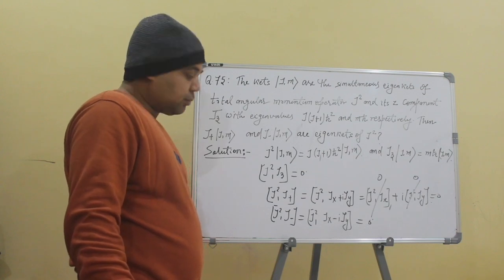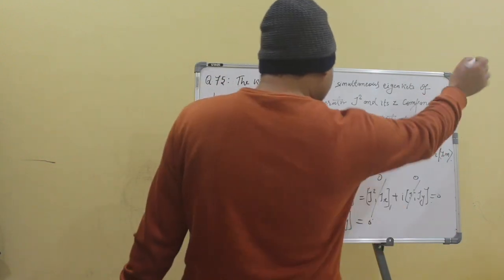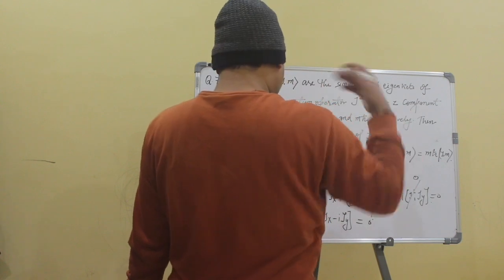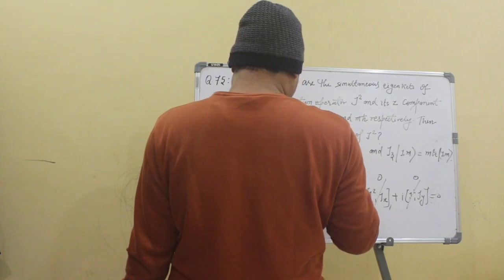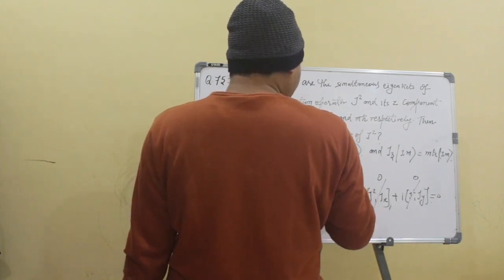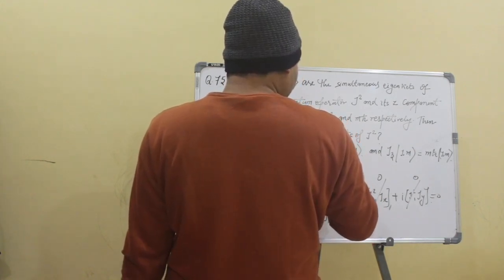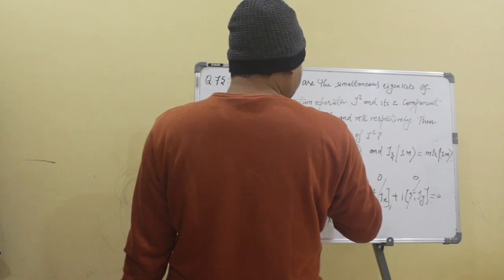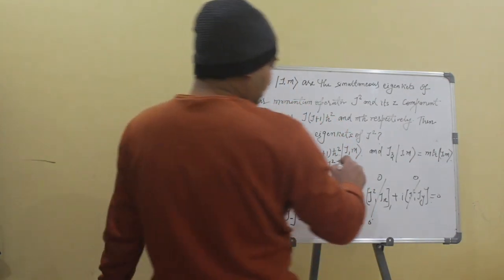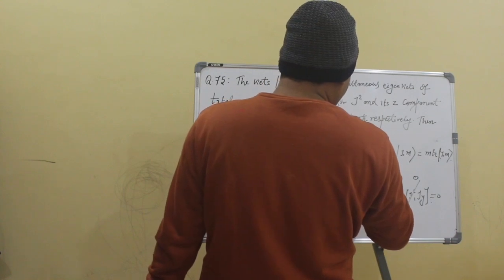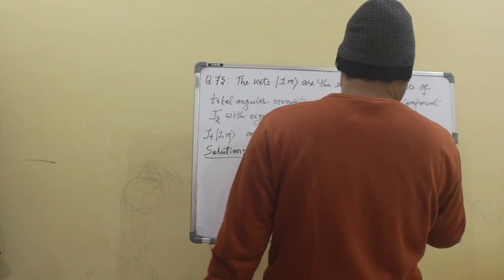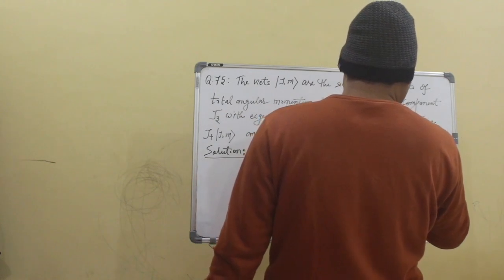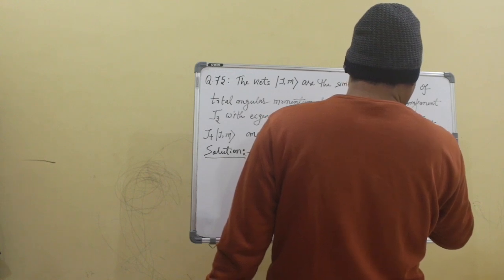Right? It means the J square operating on some state |j, m> is equivalent to saying that J plus J square operating on |j, m>, right?